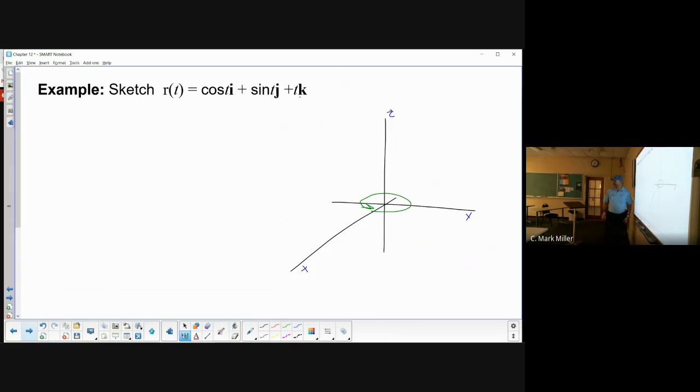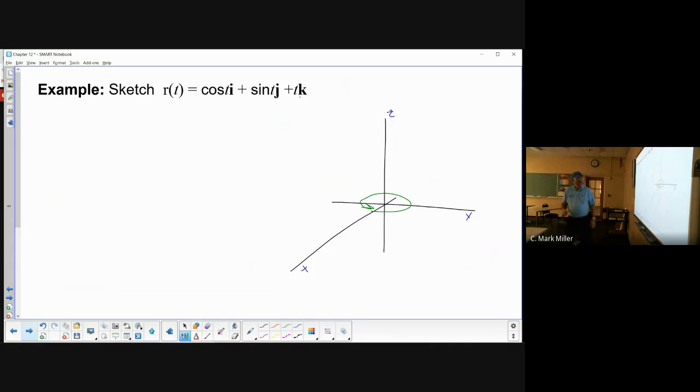But it has a K component. So what is that going to do? The K component is going to be T, so as T goes, it rises at a constant rate. However fast T's going, it rises. At T equal 1, it's 1 unit up. T equal 2 is 2 units up. T equal 3 is 3 units up.